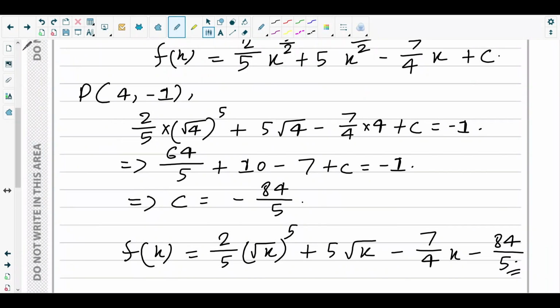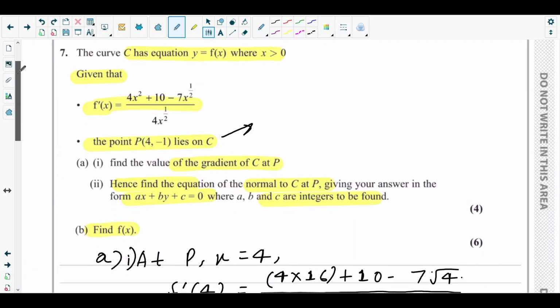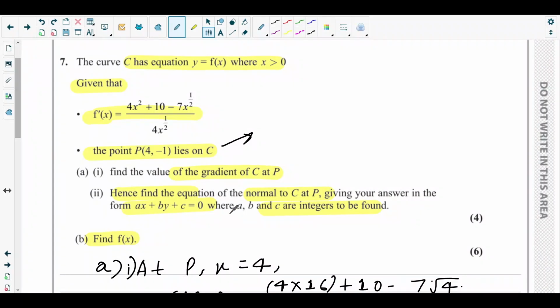That's it. That's the equation of the function f of x, and that's what part B of question number 7 has asked for.